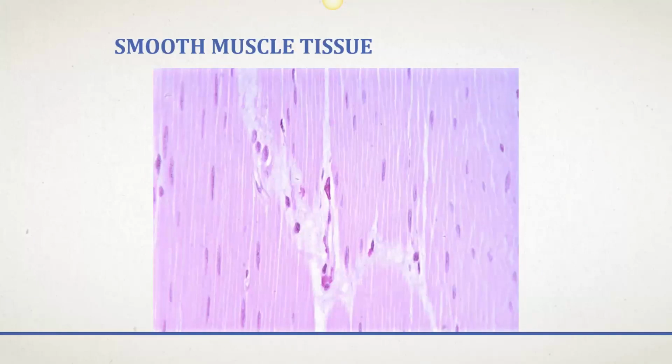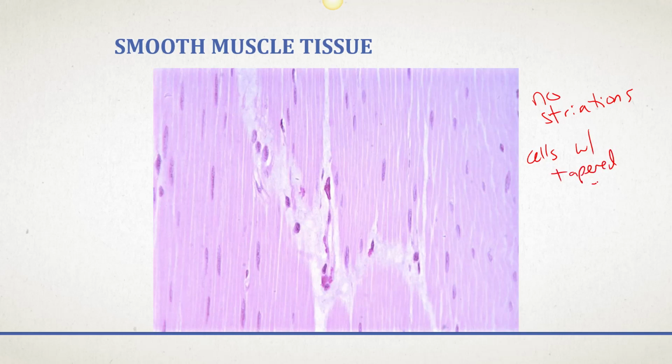Smooth muscle is a little bit different. There are no striations. The cells have tapered ends. And we only have one nucleus per cell.